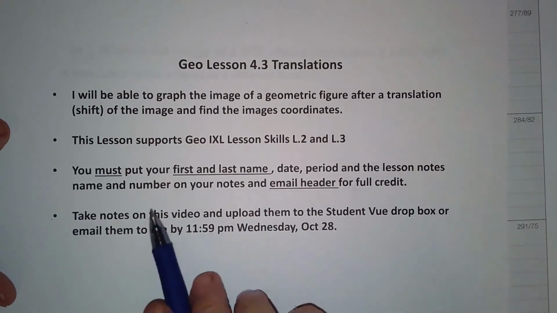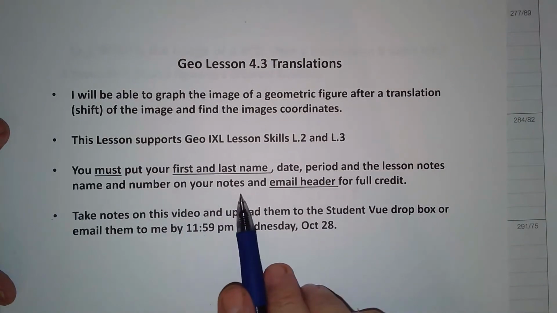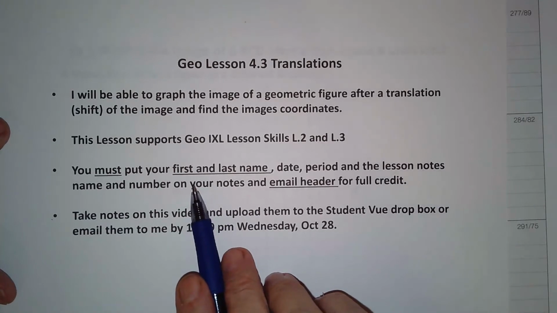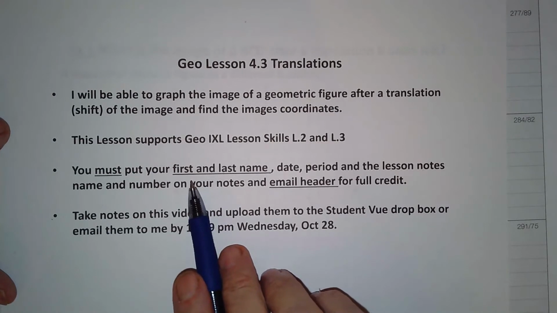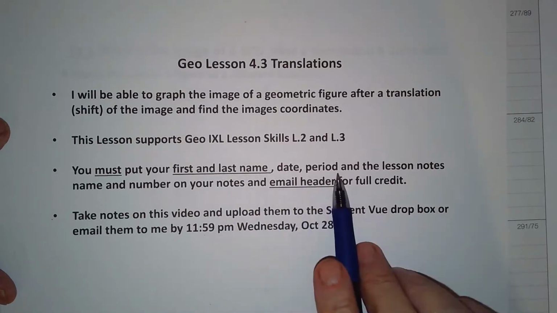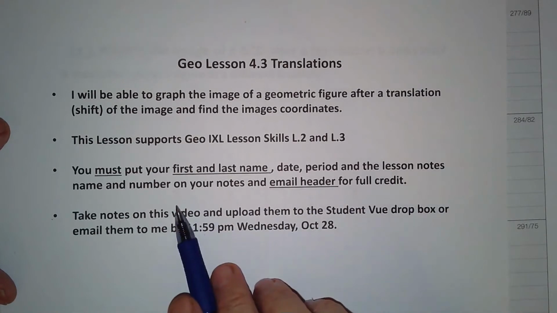So again, you're going to take notes on this, and please put your header in as follows. Make sure you print very plainly and in a way that I can see it. Your first and last name, the full first and last name, no abbreviations, no aliases, and your date, the period, and the lesson notes name and number.